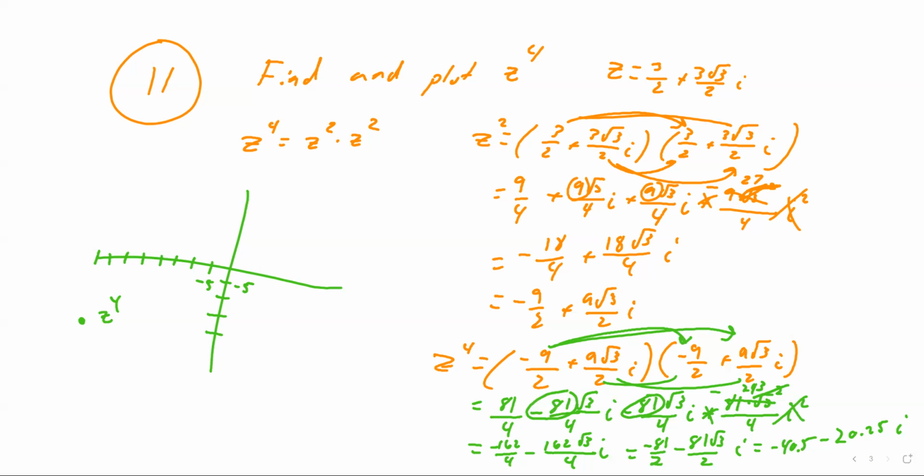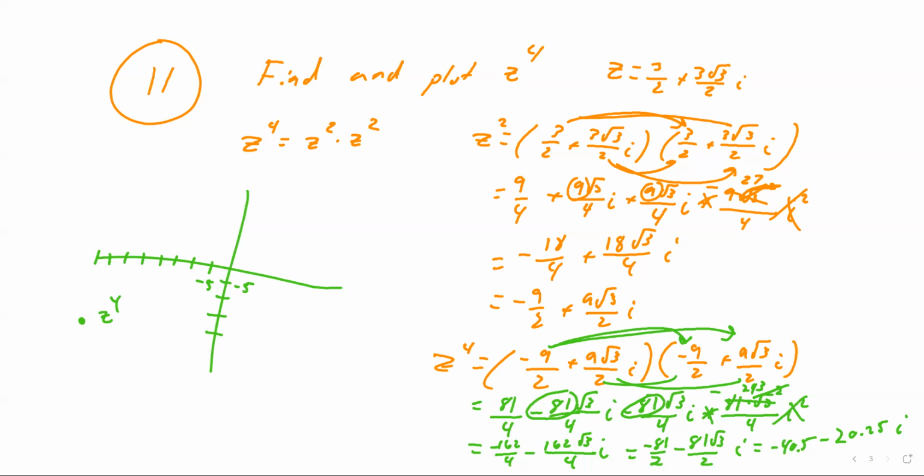Yes. What was the question? She did 81 times square root of 3 divided by 4. No, sorry, 81 square root of 3 divided by 2. Yes. How'd you get 20.25? times the square root of 3.